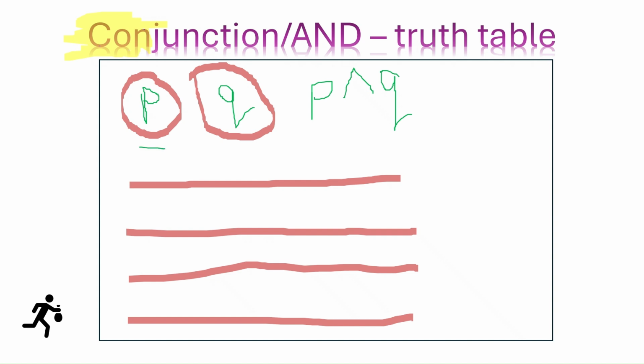So it's true, true, false, and false. Okay, then we have true, false, true, and false. Okay, then for P and Q, remember, it has to be true.